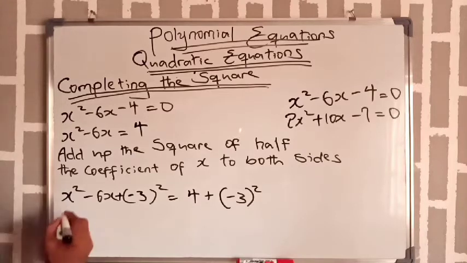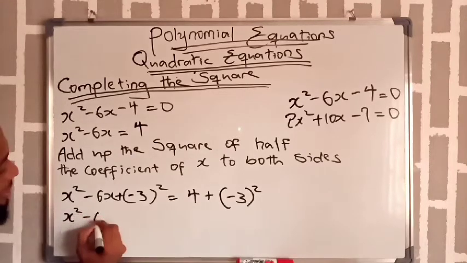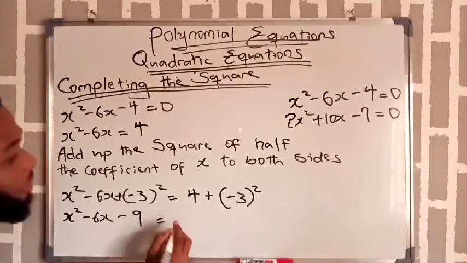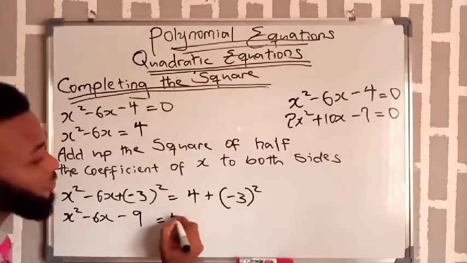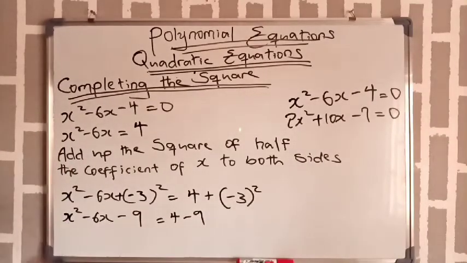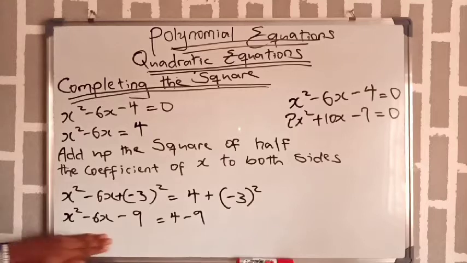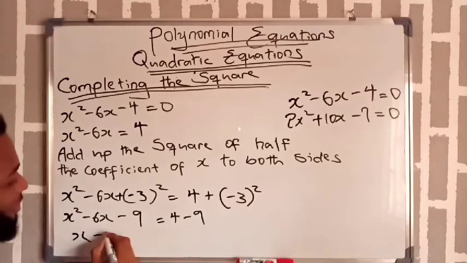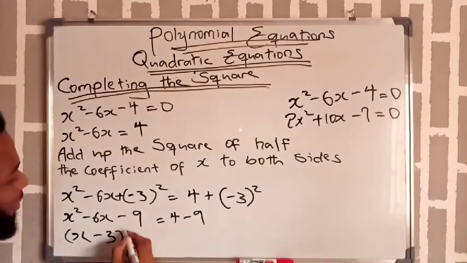After doing that, you get x squared minus 6x plus 9 equals 4 plus 9. Now you can factorize the left side using the method I taught you. What you get is x minus 3 all squared.